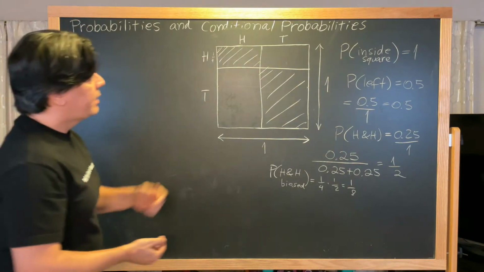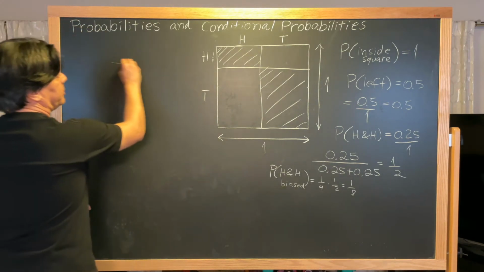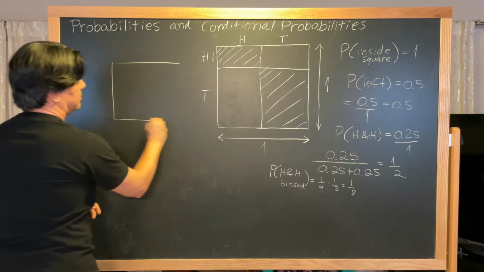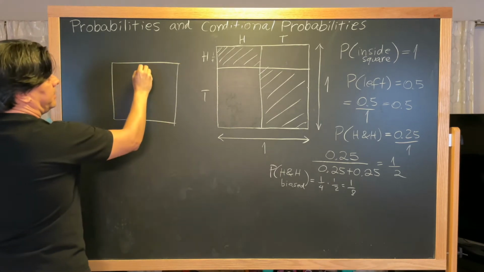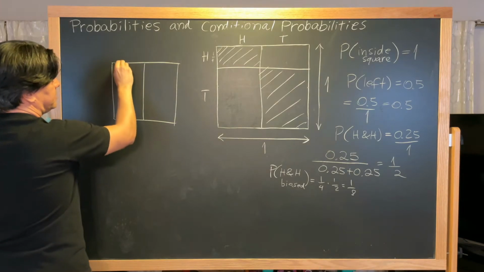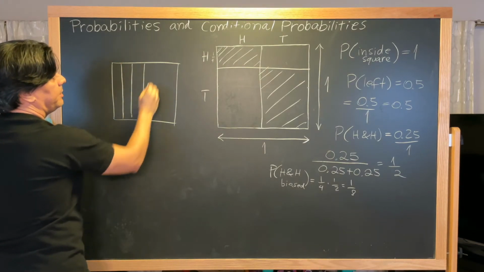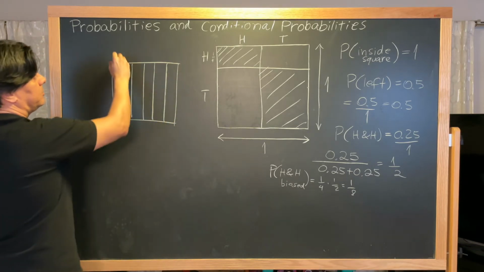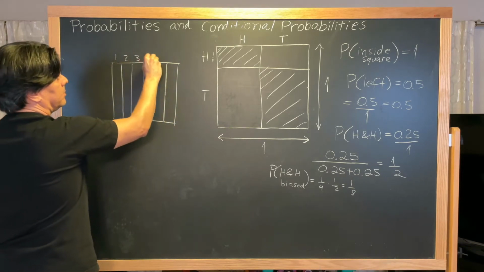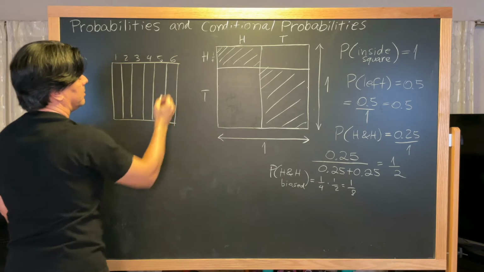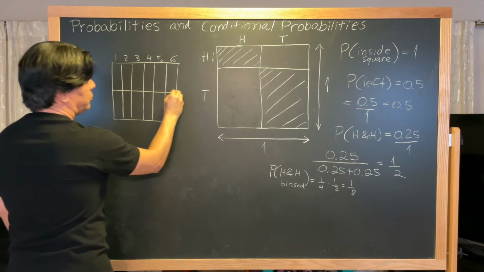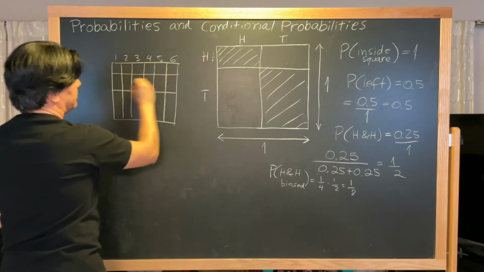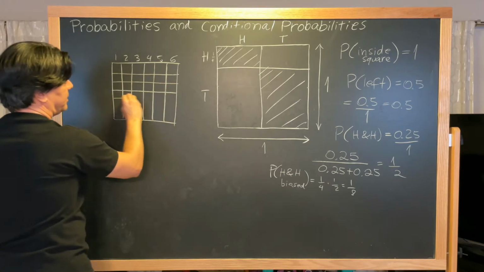Great. And we could do other variations of this. We could talk about dice, right? If I have a 6-sided die, you can think of that as dividing the 1x1 square into 6. And you could roll 2 of them, right? Which means you'd be dividing something like that.